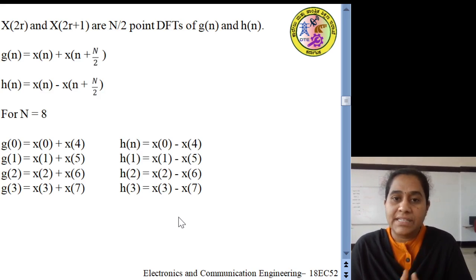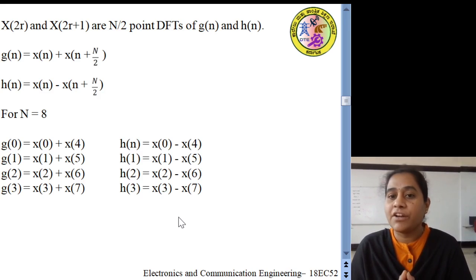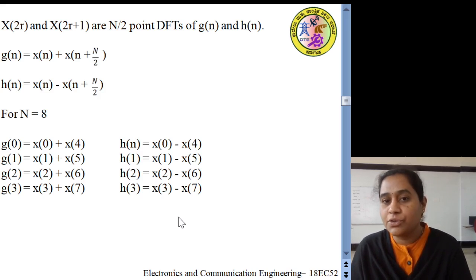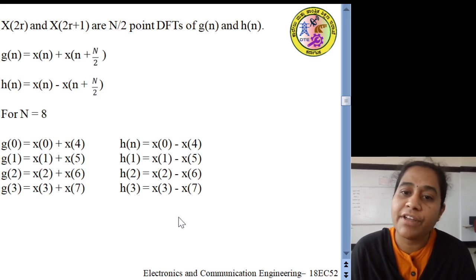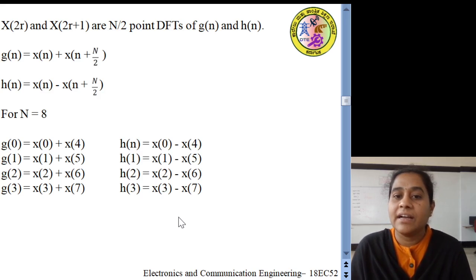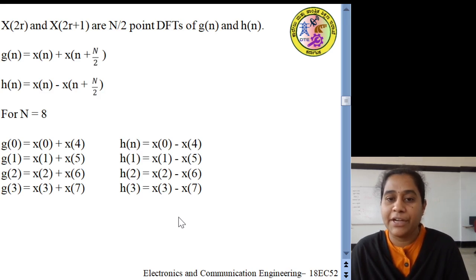From this discussion, we can say X of 2r and X of 2r plus 1 are N by 2 point DFTs of g of n and h of n. Also, g of n is equal to x of n plus x of n plus N by 2, and h of n is x of n minus x of n plus N by 2.